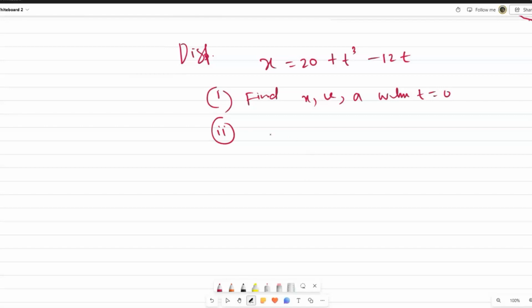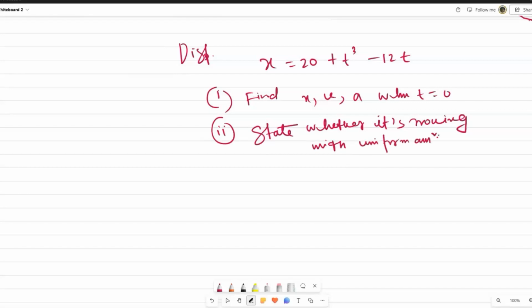Another one, state whether it's moving with uniform acceleration or not.